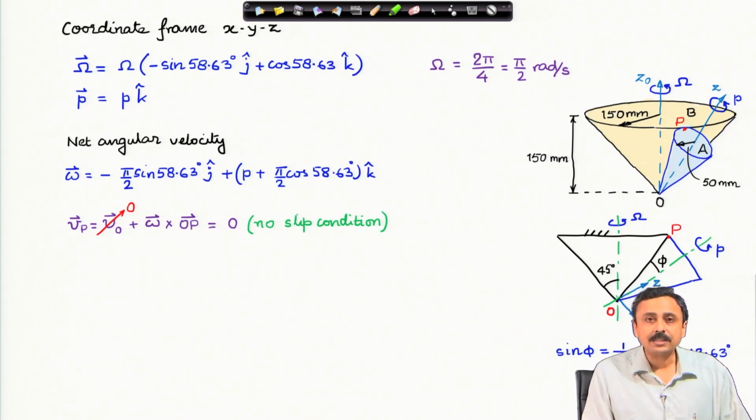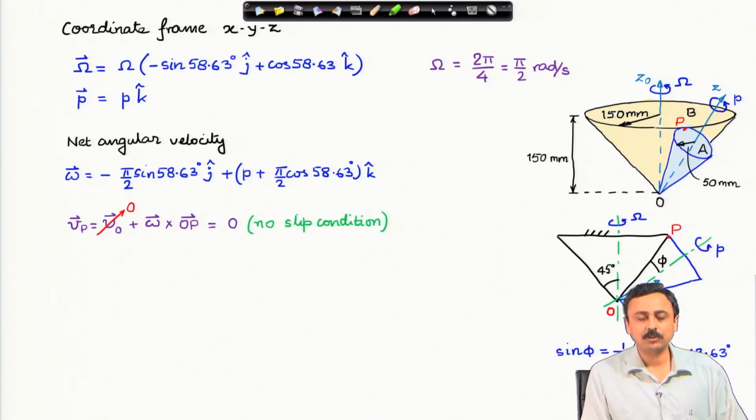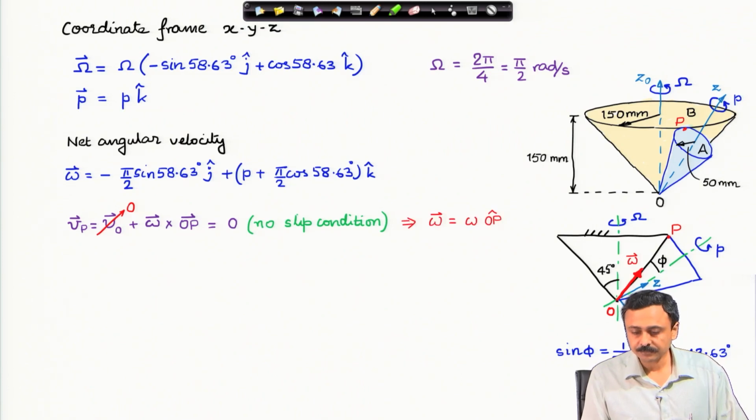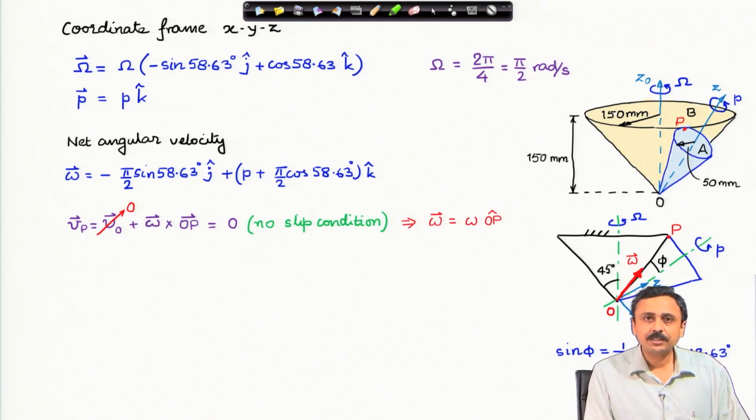And what does this tell us? The cross product of two non-zero vectors is 0 when either they are co-oriented or oppositely oriented. In other words, the net angular velocity of cone A is along OP.